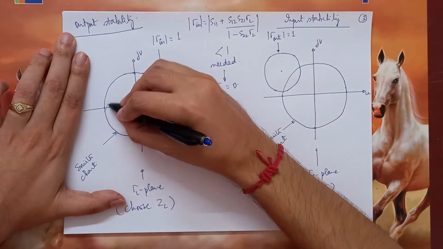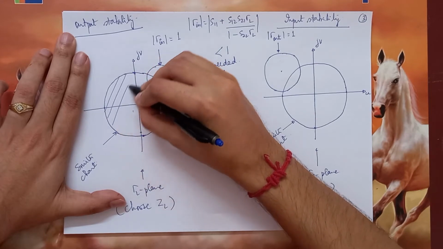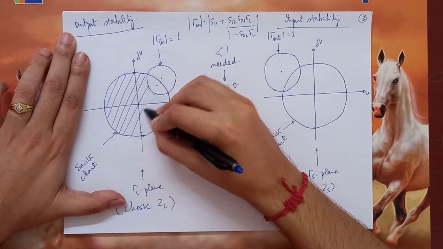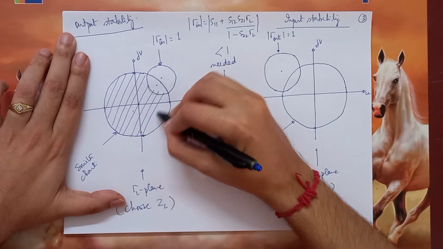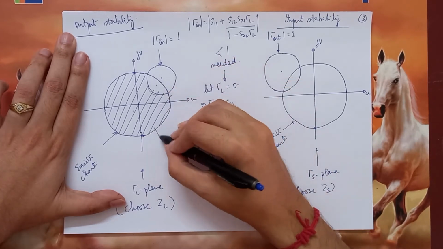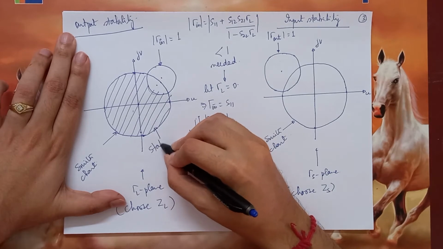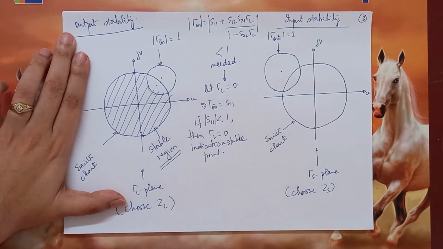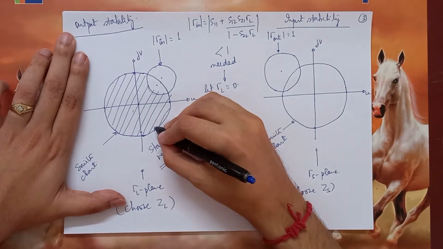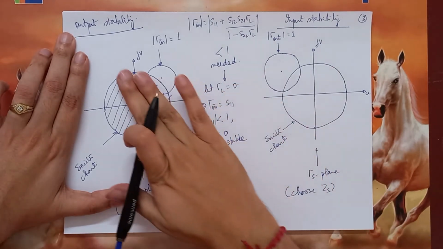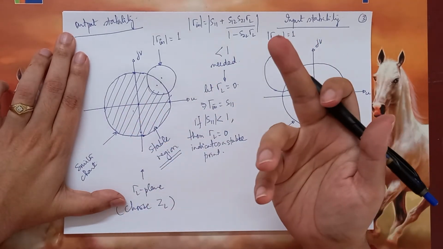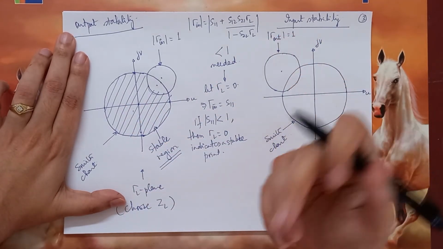So therefore, I will shade this region and I will call this the stable region. Means you are now free to choose any load impedance that is in this region. Means you can also choose a match load point if you want, which is fine.